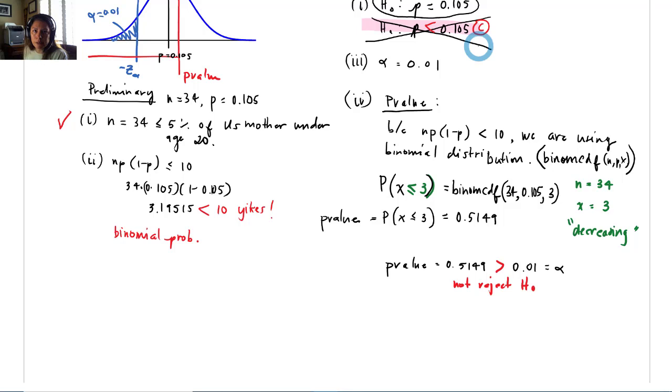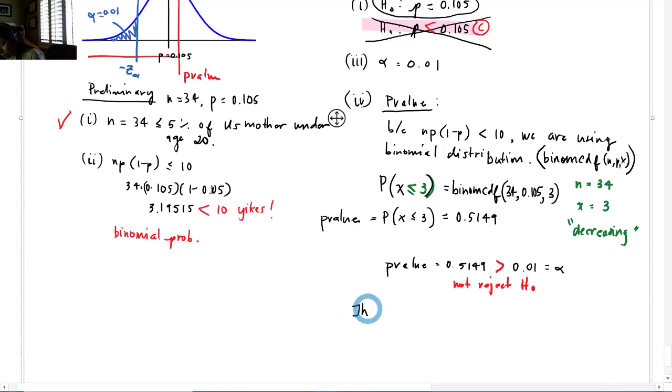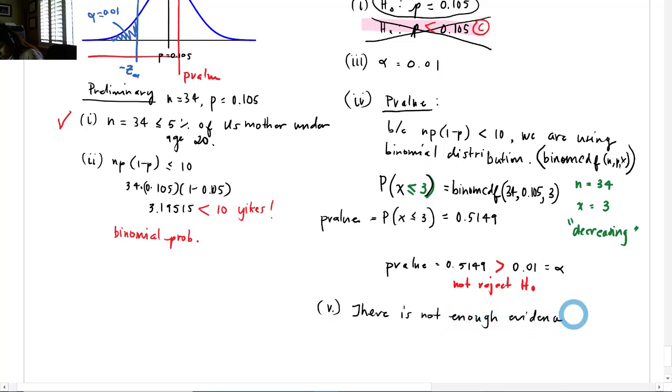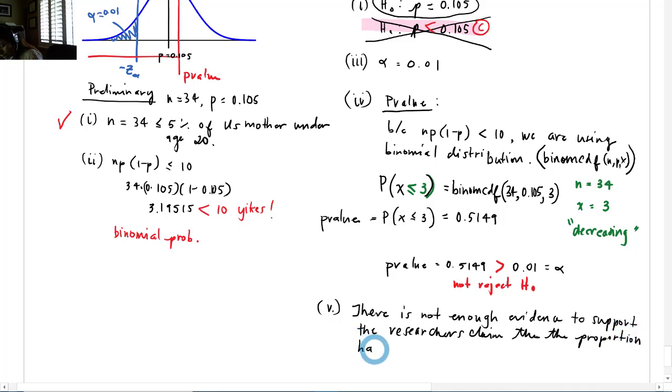No. So we would say something like, in step 5, there is not enough evidence to support the researchers' claim that the proportion has decreased 10.5%.